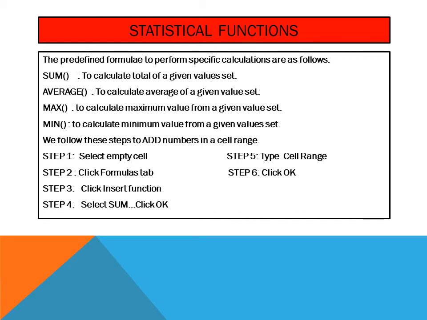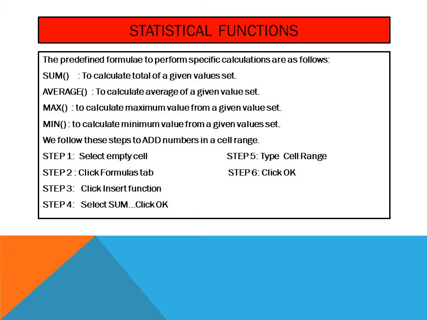Then step number 5. Once we have chosen the sum function, now we have to type the cell range. That is the range from which cell to which cell we want to get our result. So we have to provide the cell numbers.